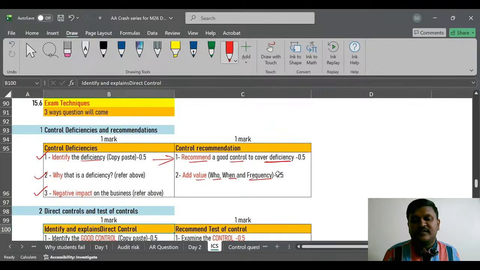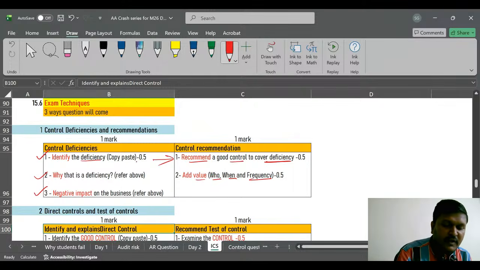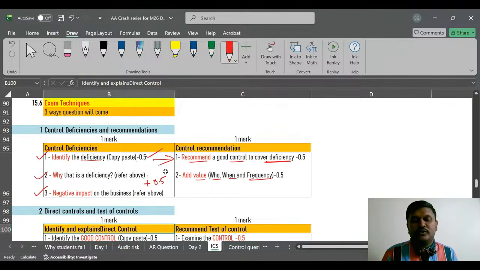These things need to be considered to get those marks. If you have written the identification, you get that easy 0.5 marks, but why it is a deficiency and the negative impact together only get 0.5 marks. So be careful not to lose those marks.